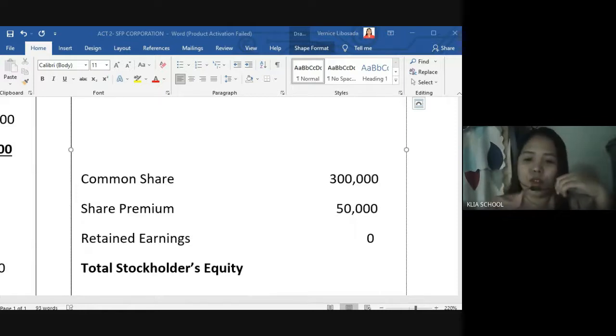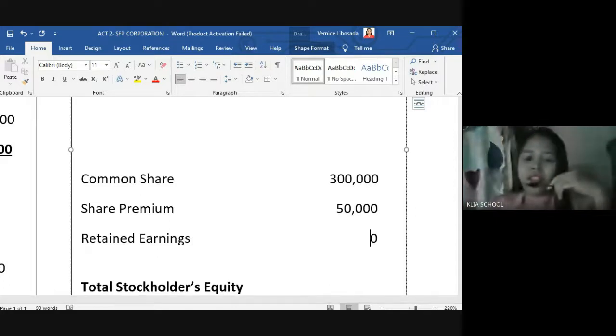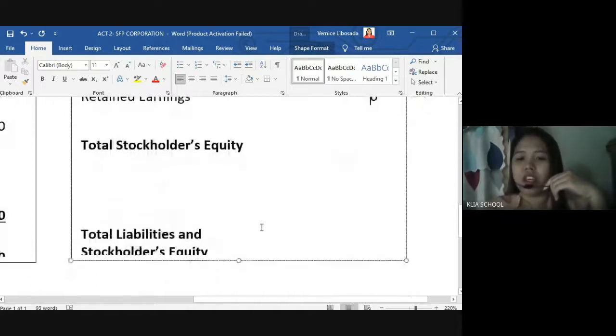Alright. So, 18 points tayo kanina. 19 for common share, 20 for share premium, 21 for retained earnings. And then dito dapat naka-place yung 0 natin. And then, of course, total stockholders equity, magkano?